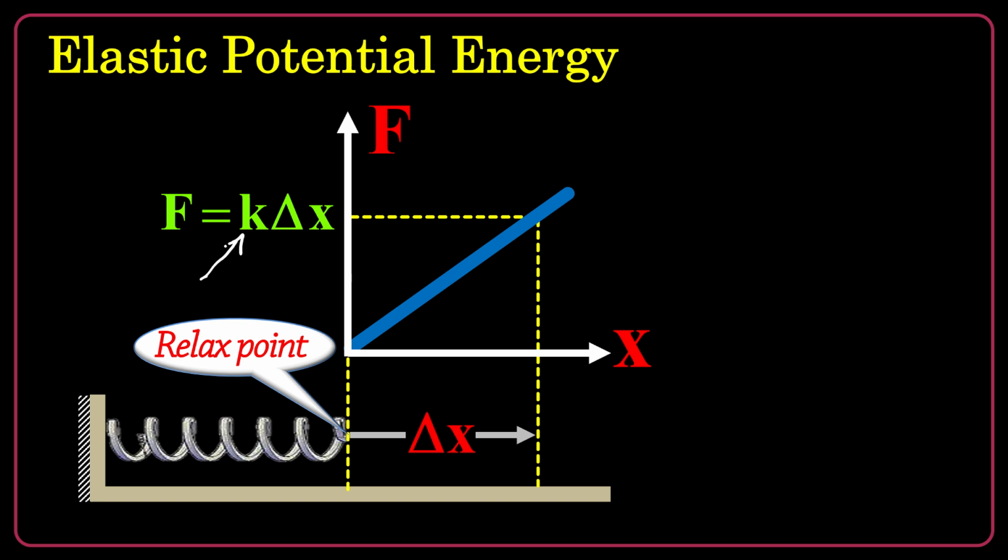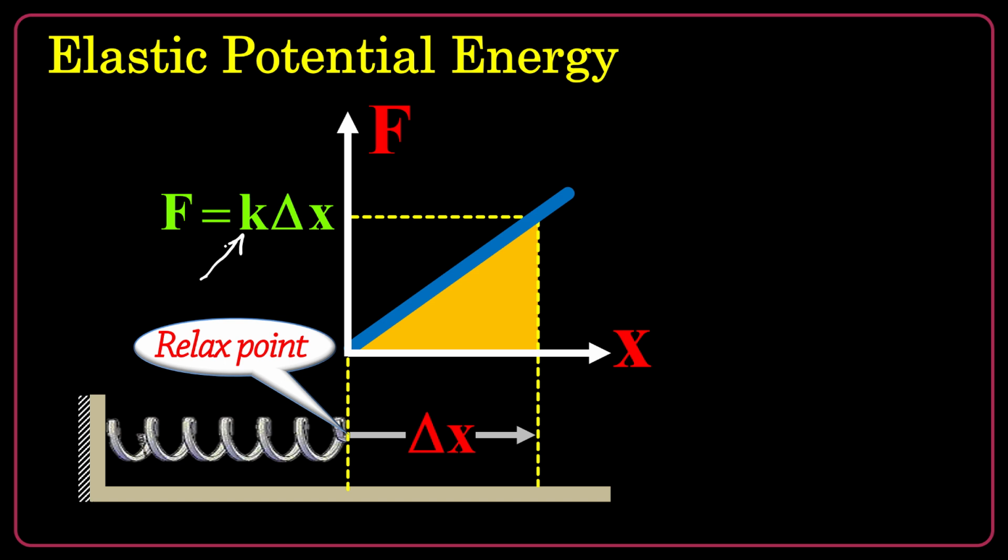Anyway, the area under the Fx graph is the work done against this deformation. Actually, the spring won't let you extend it or compress it. You have to do some work against its reaction.